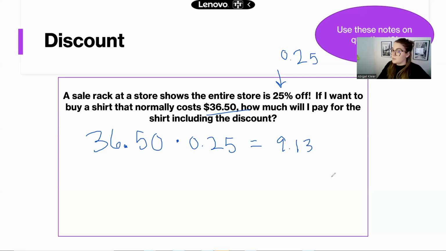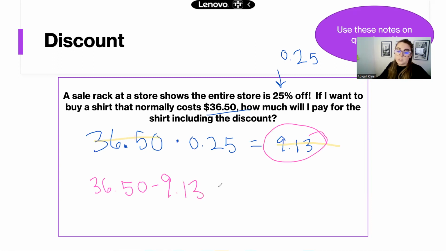So we need to figure out, have we still answered the question? The question asks us, how much will I be paying for the shirt? So right now we know the initial amount of the shirt is $36.50. We know the amount of discount, but we still don't know how much we're paying. So again, back to that thought process that we had before, how do we calculate discount? If you're taking the discount of something, you're decreasing the value. So that would be a subtraction problem. $36.50 minus the amount of discount, $9.13.